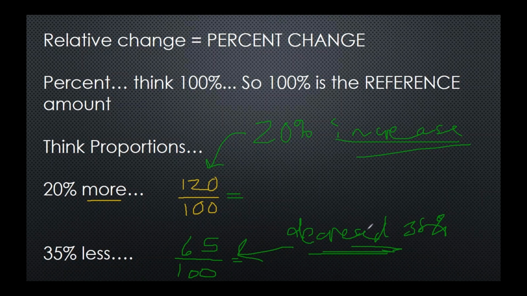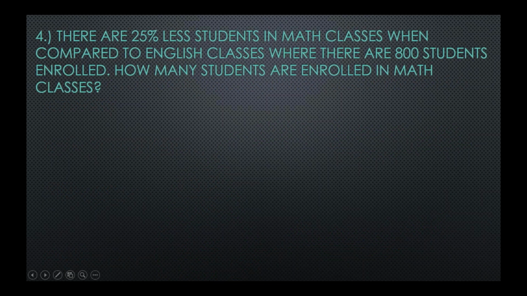That's the key word there, because in section 24 there's some wording where people get confused, but if you can identify the word increase or decrease, that identifies the percent that goes with 100. Okay, enough of me talking, let's do a problem that's actually going to make some sense.